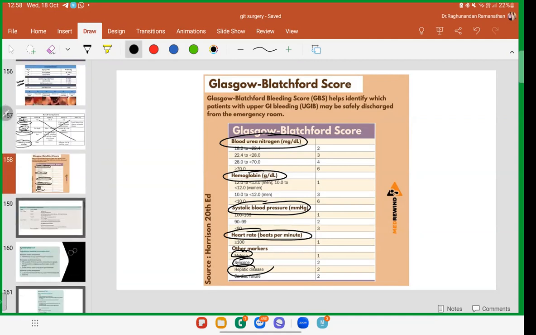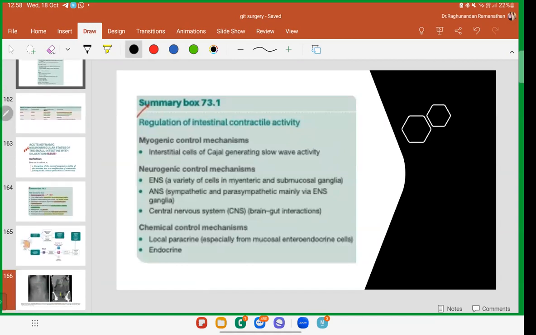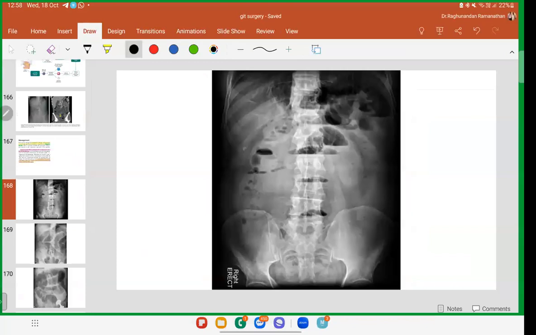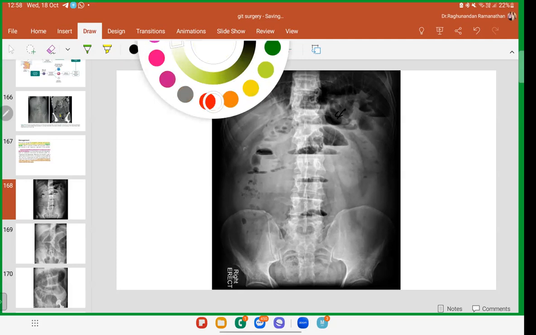Where is the image? See here. This is going to be air fluid level. In the X-ray, you're going to experience air fluid level at different places.